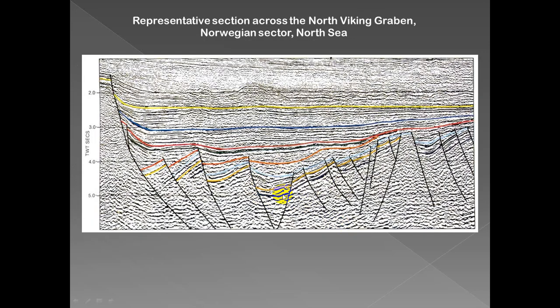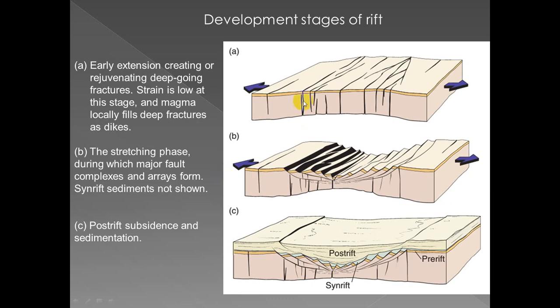Also here we can see that usually the pre-rift sequence has constant thickness upstream and downstream of faults. The thickness is constant, no change of thickness. If we see the orange bed here, it has the same thickness, no change. But the green one, light green, has a geometry called wedge shape.